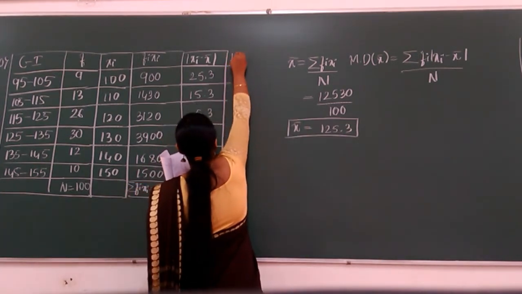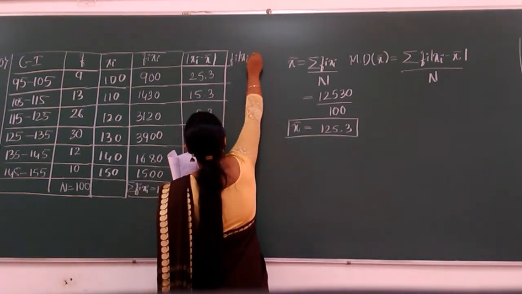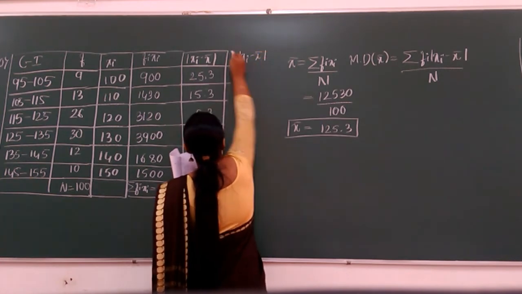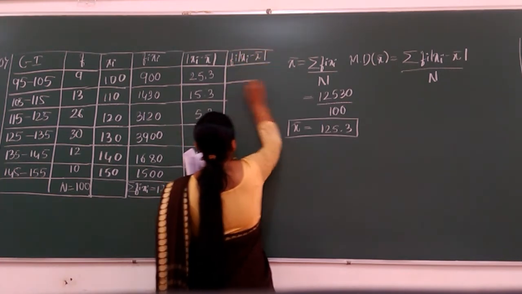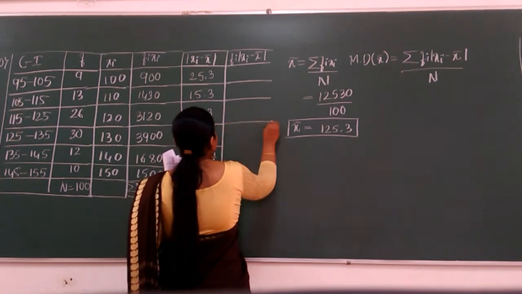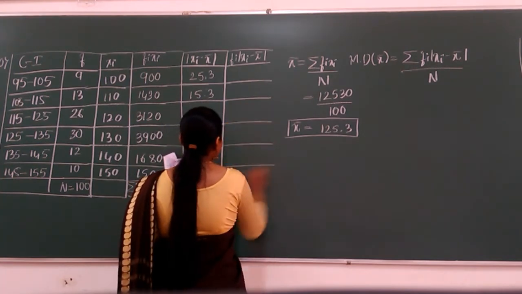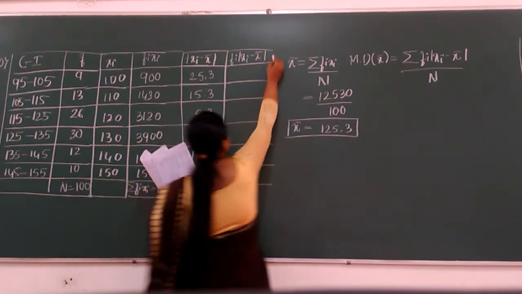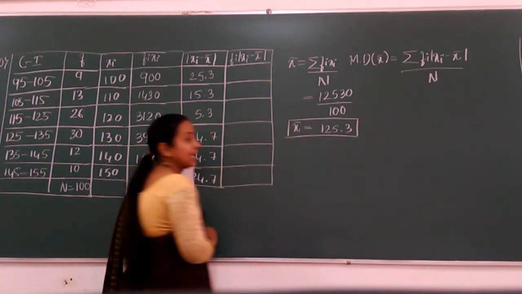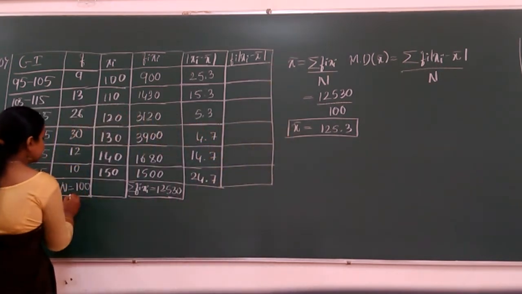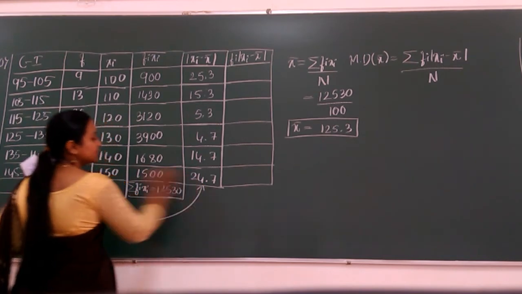You will multiply the column fi with the column modulus of xi minus x bar.